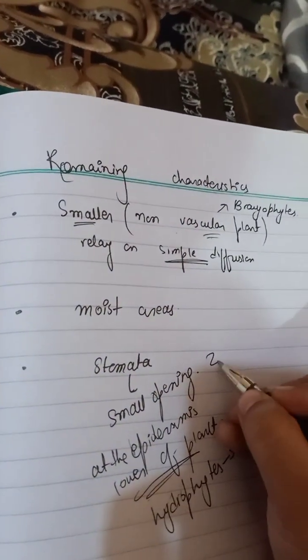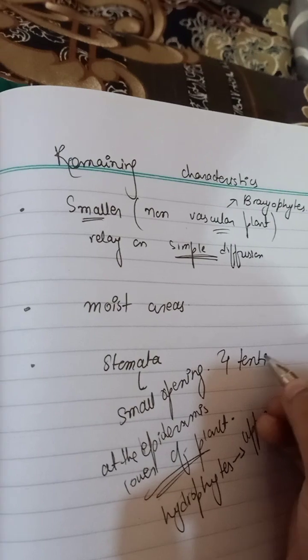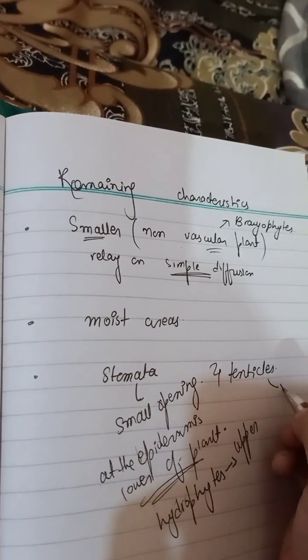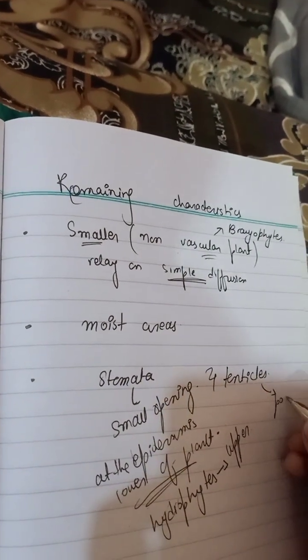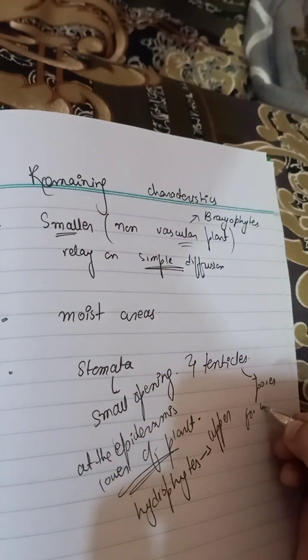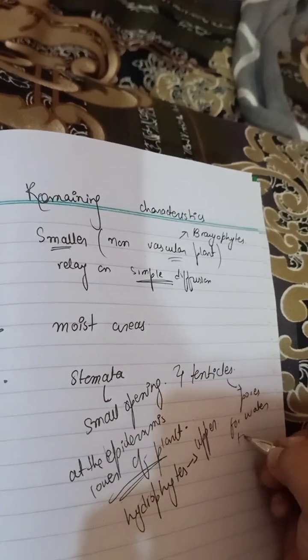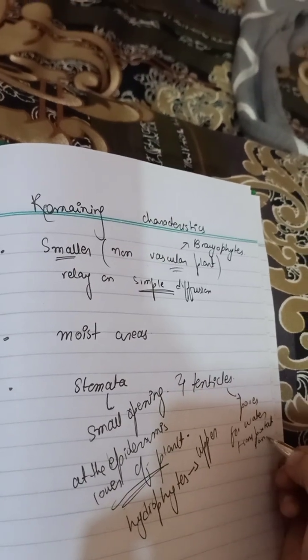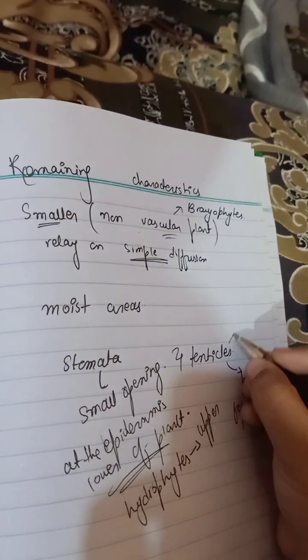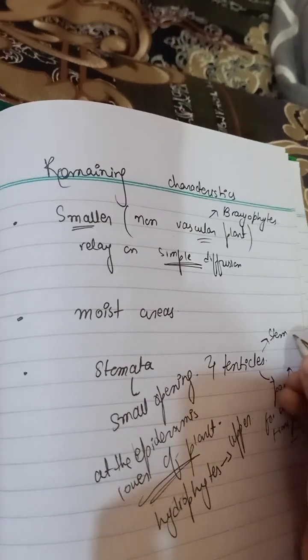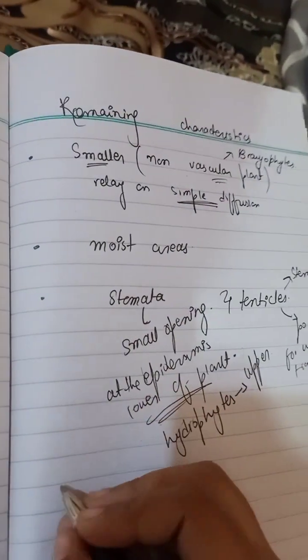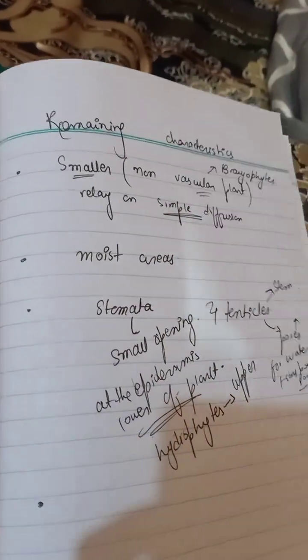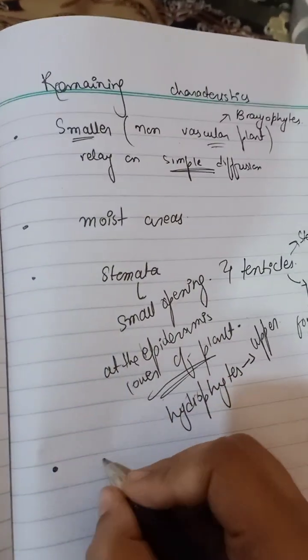As well as that, they have tentacles. What are tentacles? These are basically pores for water transportation, present in the stem. As well as that, the plants have sporopollenin.